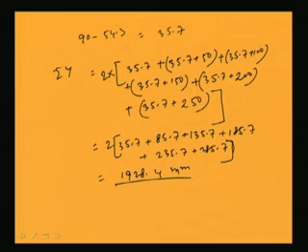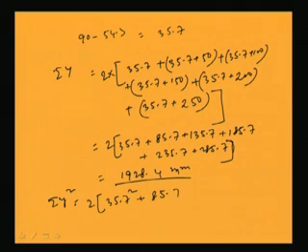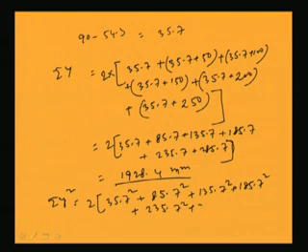Similarly, I can find out summation of y square. Summation of y square will be nothing but 2 into, in a similar way, 35.7 square plus 85.7 square plus 135.7 square plus 185.7 square plus 235.7 square plus 285.7 square.